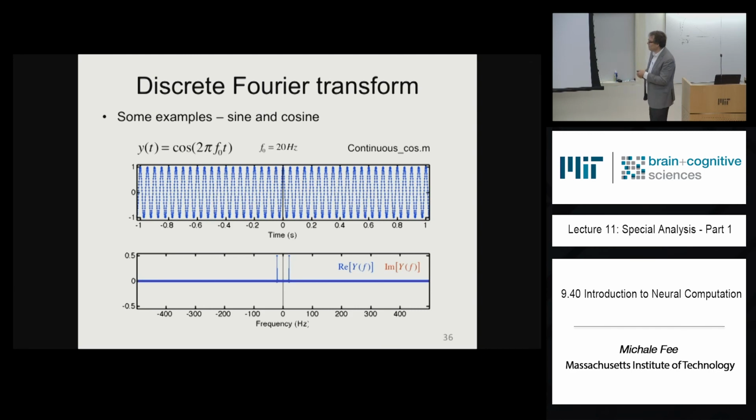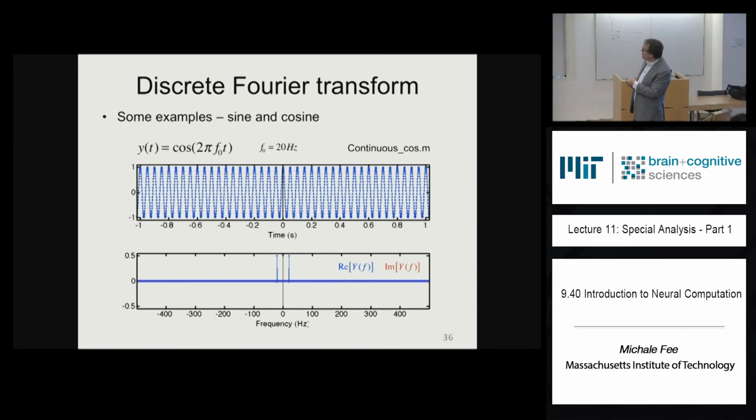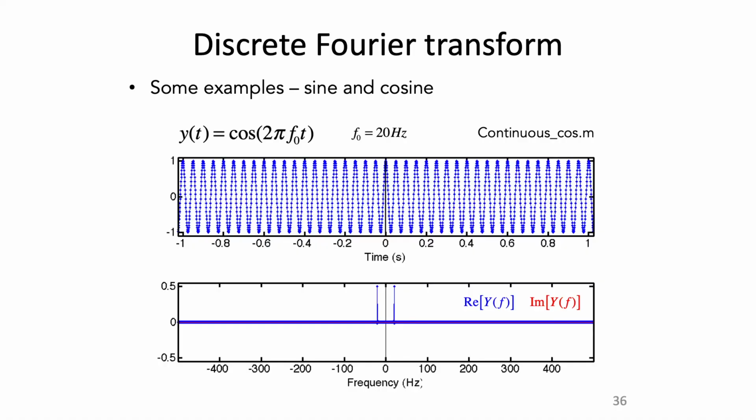It has a real and imaginary part as a function of frequency. Okay, and you see that this cosine function has two peaks, as promised, right? It has a peak at plus 20 hertz and a peak at minus 20 hertz.